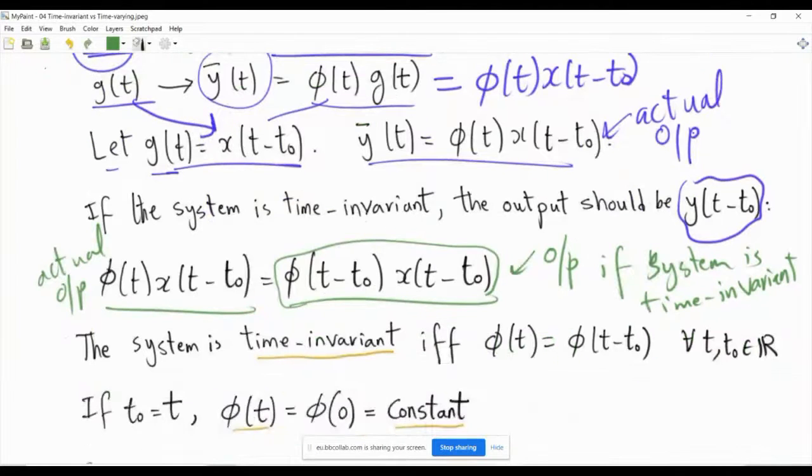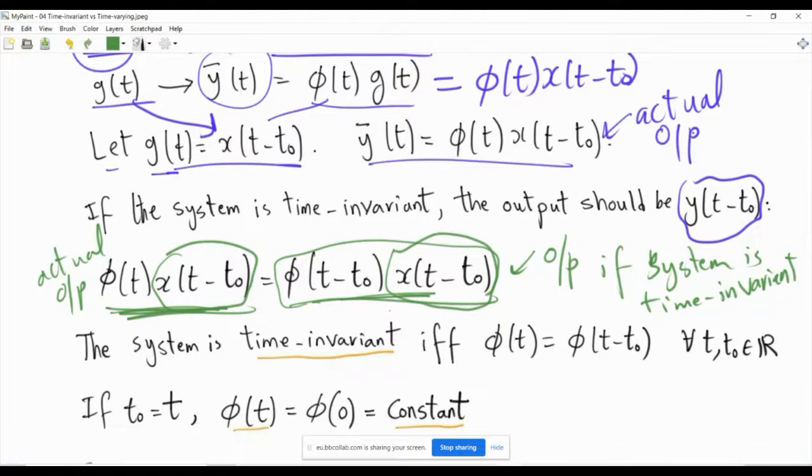So now, is it generally true that this is equal to that? For time invariance, we need the two sides to be equal for any possible x of t and for any possible real number t0. This is x of t minus t0 and it is there.